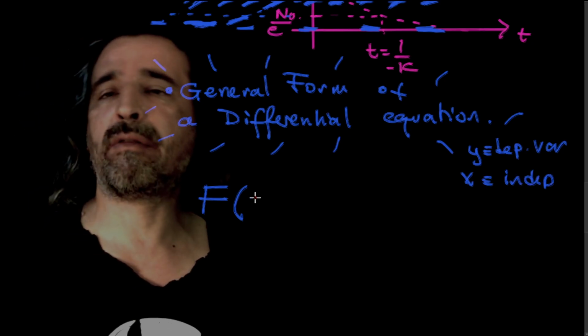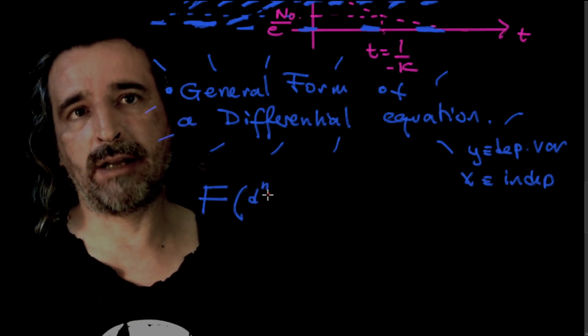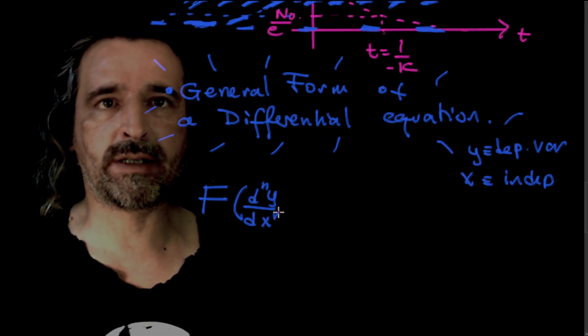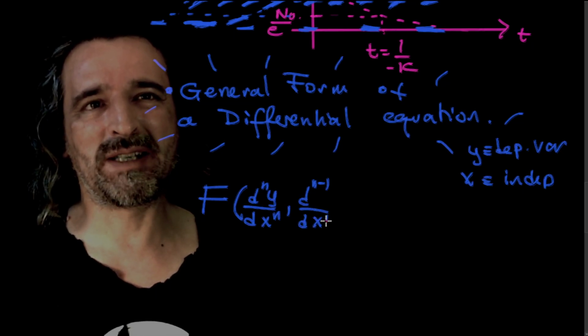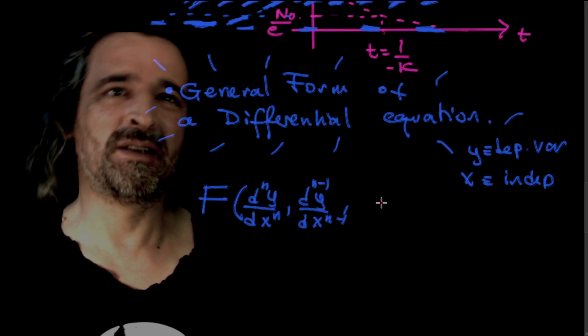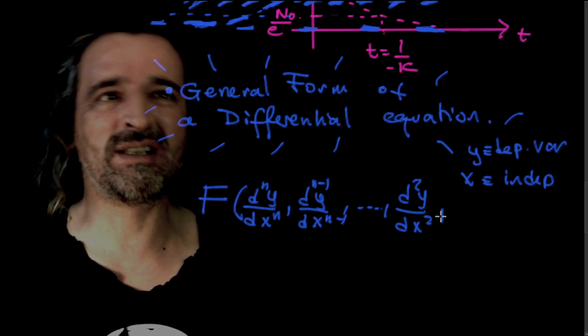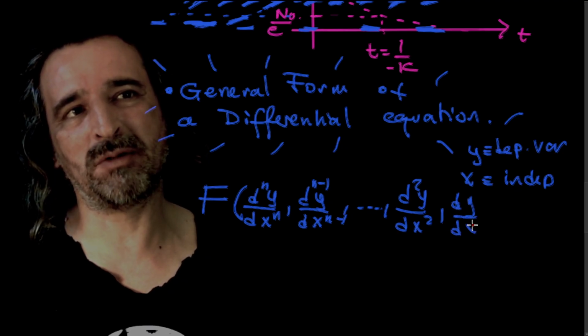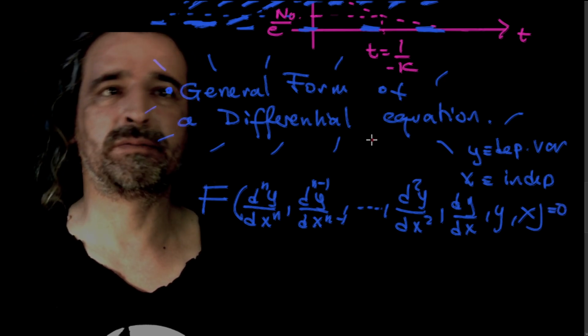So here we will have, let's say, n derivatives: the nth derivative of y with respect to x, the (n minus 1)th derivative of y with respect to x, the second derivative of y with respect to x, the first derivative of y with respect to x, y, and x. And that is going to be equal to 0.